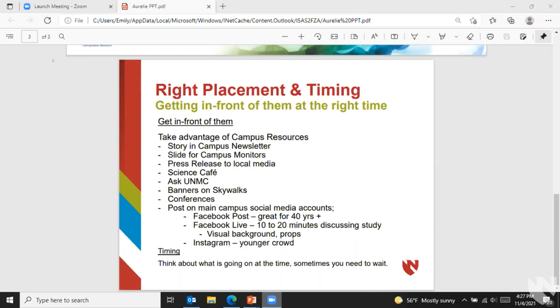And then, so I know Heidi made a comment about the 40 years plus, but that's just based off of our demographic that we've done research on, just from the people who are on our socials. We've noticed that if you want to share your study on our Facebook page, which is the primary UNMC Facebook page, it's a lot of people who are basically, we call them advocates of the university.